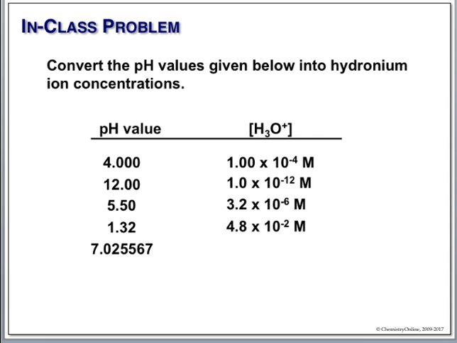And our last one here, we have 7 with lots and lots of decimal points afterwards. Number one question, is this solution acidic or basic? It's basic, right, because it's more than 7. So you would type in minus 7.02 whatever, hit 10 to the x, and you should get something like that.